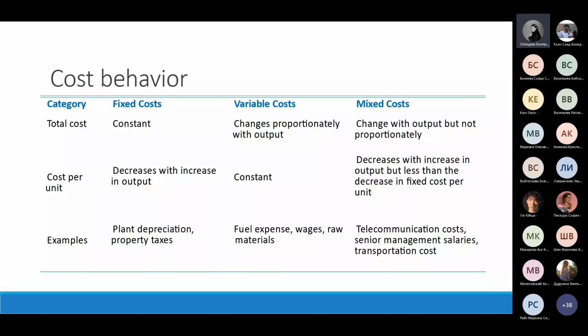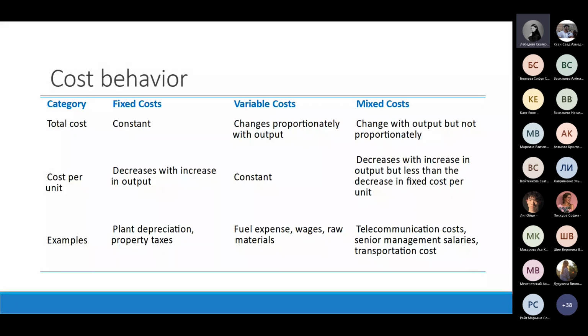So how to define which cost is given to you? We have to see how they behave, and therefore decide what type of costs we can see here.